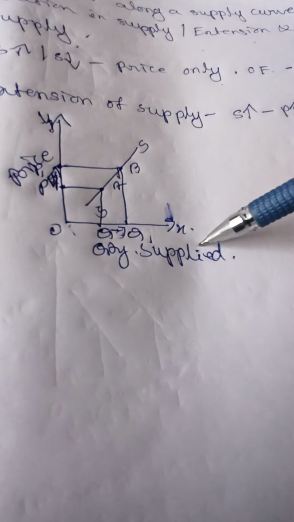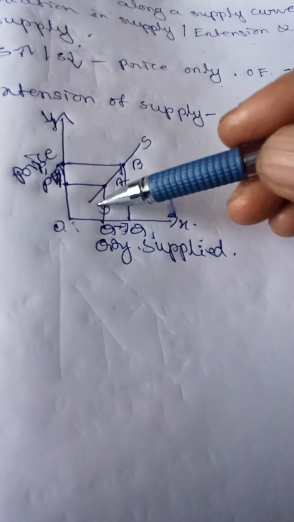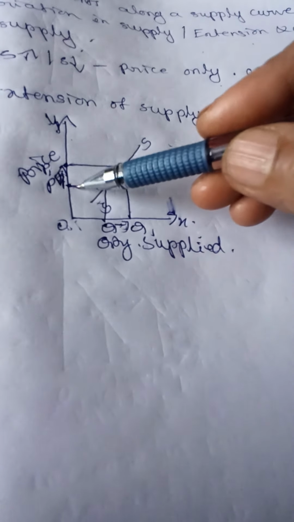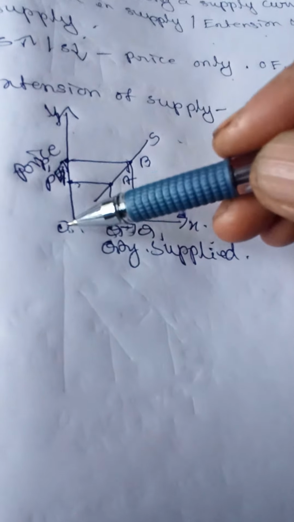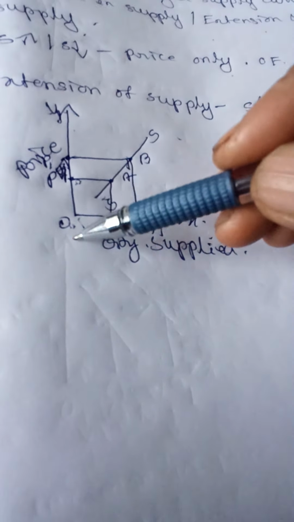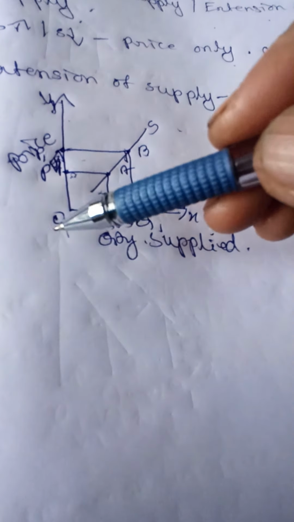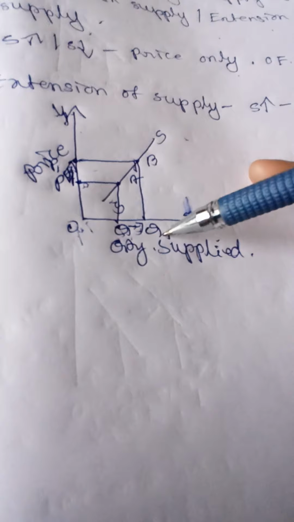Quantity supplied is shown on the x-axis and price on the y-axis. SS is the supply curve. When the price is OP, quantity supplied in the beginning is OQ. Due to rise in price from OP to OP1, quantity supplied increases from OQ to OQ1.